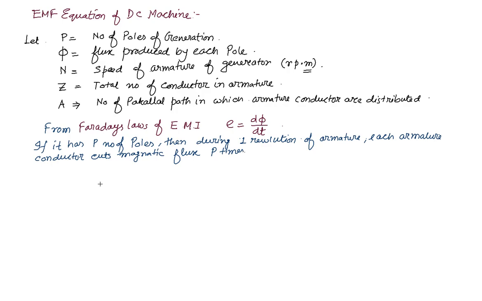You should write this properly in your examination. So the flux cut by one conductor in one revolution is equal to P into phi Weber.